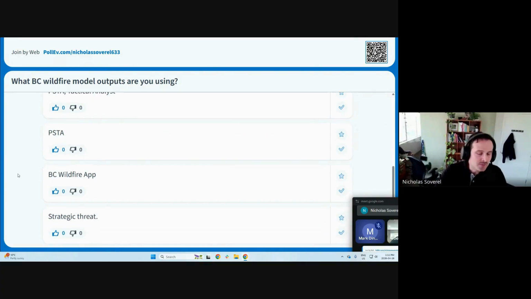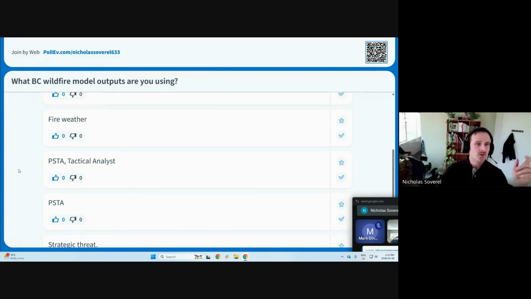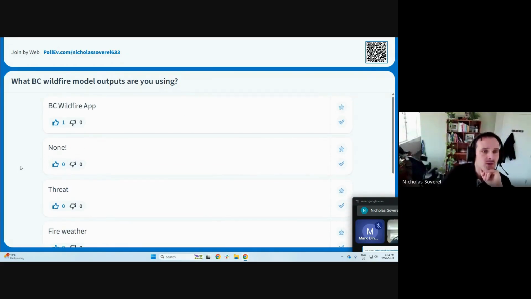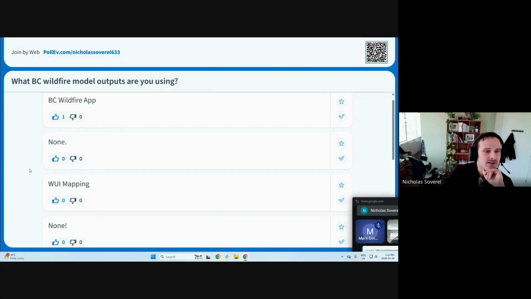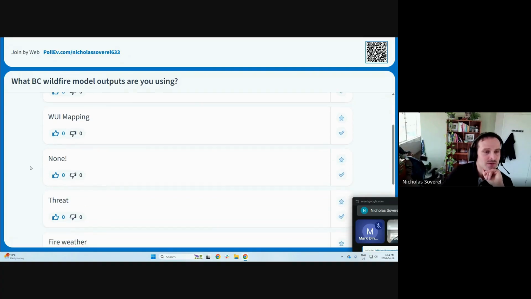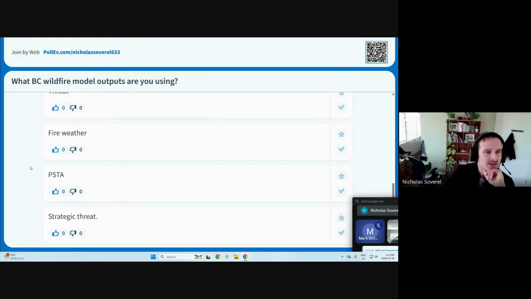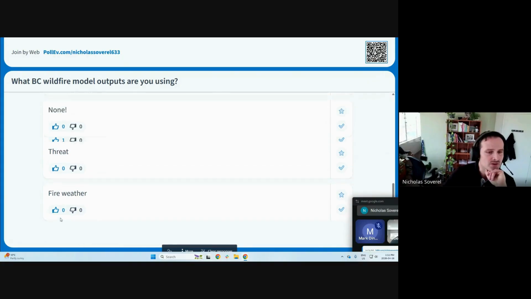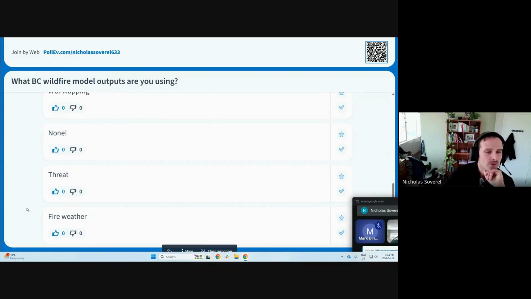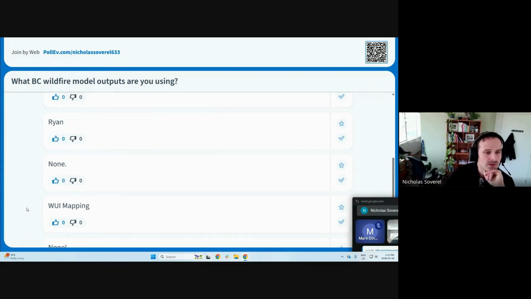I'm having trouble keeping up. Oh, by the way, for folks out there, you can upvote or downvote these. So what we have at the top, we have BC Wildfire app. Somebody said none. WUI mapping, threat, fire weather, PSTA. We've seen PSTA show up a little bit. I think strategic threat is probably related.